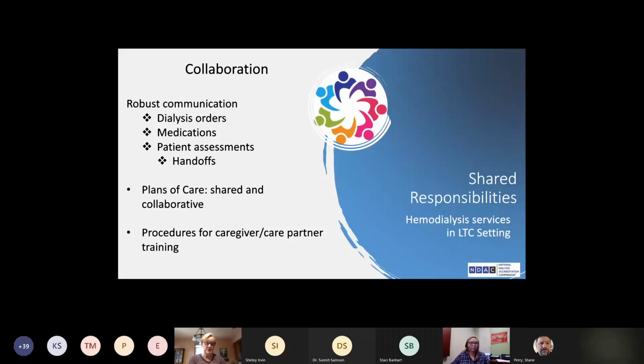And then patient assessments and handoffs. Critically important that when the dialysis is completed, that the staff that are going to be taking care of that patient understand if there were any issues during the treatment, as well as important for the dialysis staff to know what kind of events might have happened to the patient. In outpatient centers, sometimes patients come in and they've fallen and they don't recognize or know to tell.